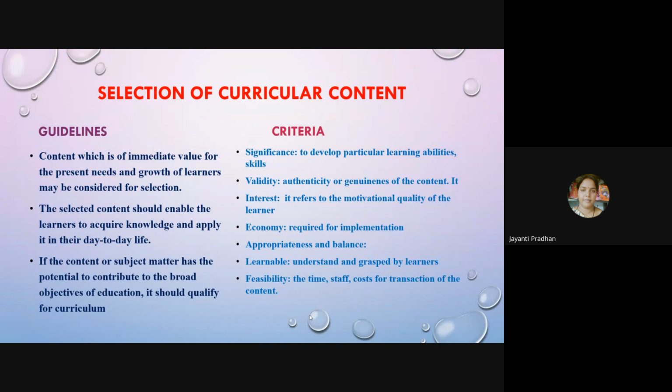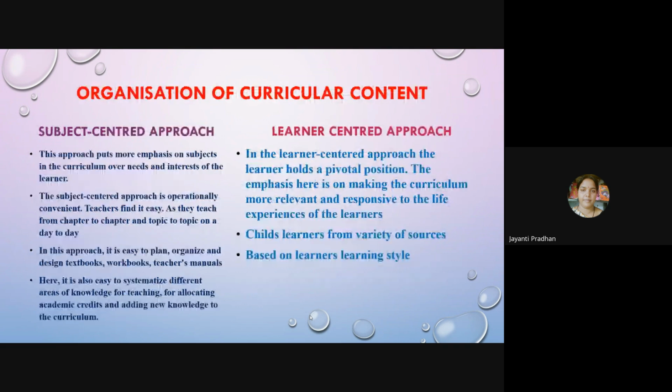So these are the criteria we must consider when we are selecting a particular content for a particular learner population. Significance, validity, interest, economy, appropriateness, balance, learnable and feasibility are the important criteria for selecting a curricular component.